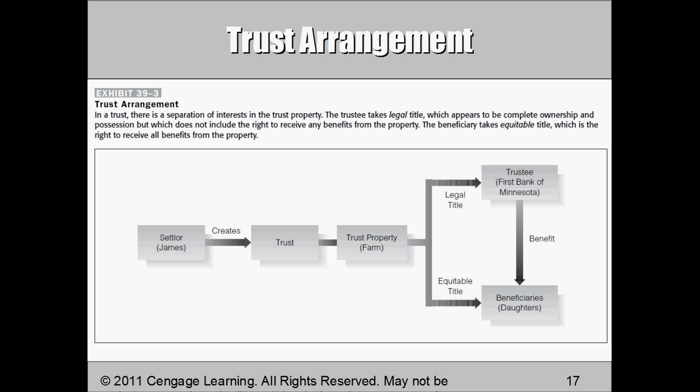Equitable title then vests with the beneficiaries, and so the trustee is holding this property for the benefit of the beneficiaries, who in this particular situation are the daughters.